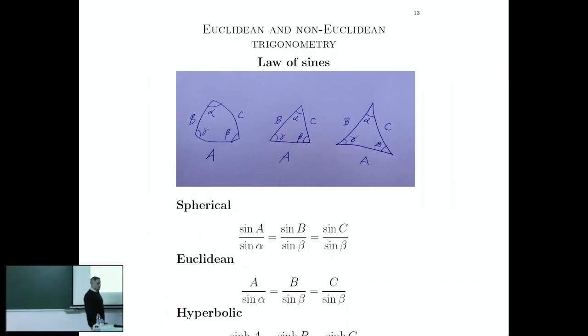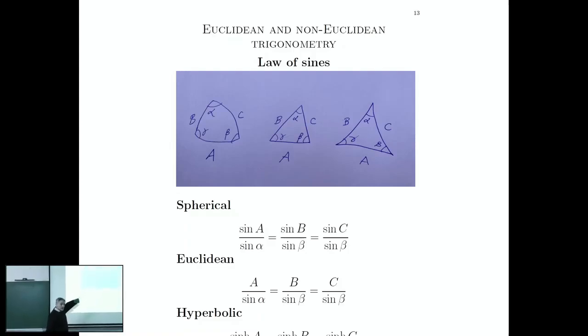So before telling you about trigonometry in right-angled hexagons, I want to tell you a few things about trigonometry of triangles. I drew here 3 triangles. When I draw the triangle a little bit fat, it means that it's spherical.